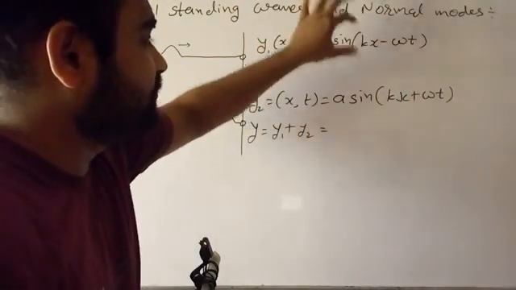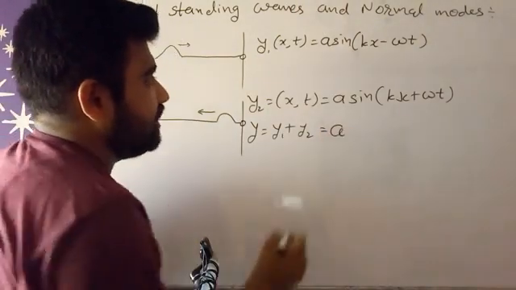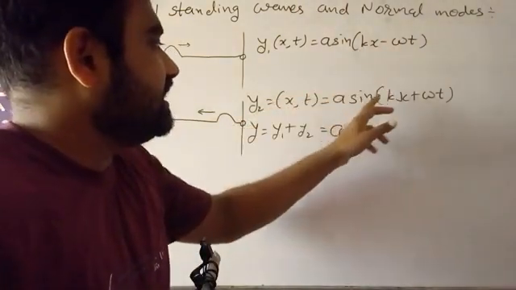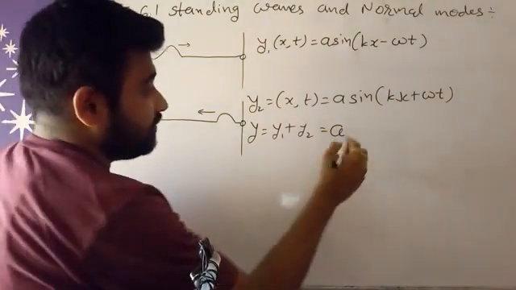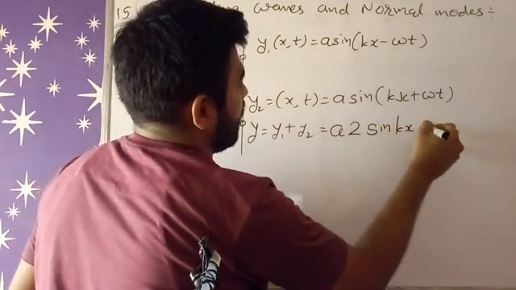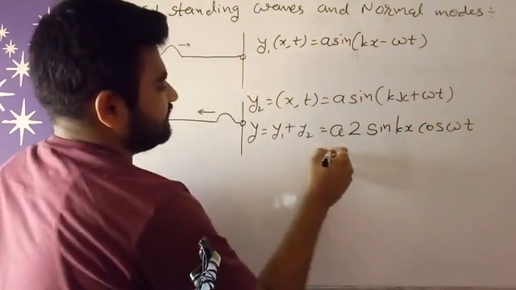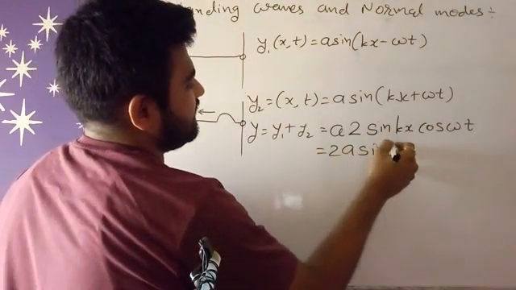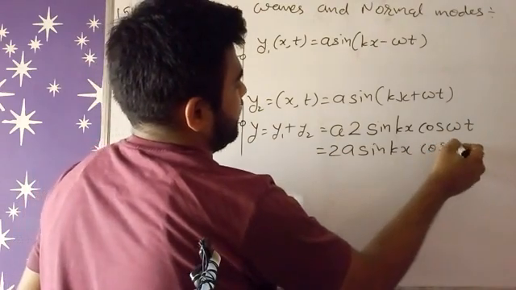Simply the sum of these two, a common. Now sin(a - b) + sin(a + b). So the complete formula is 2a sin kx cos omega t.